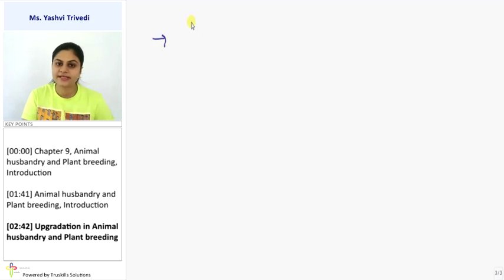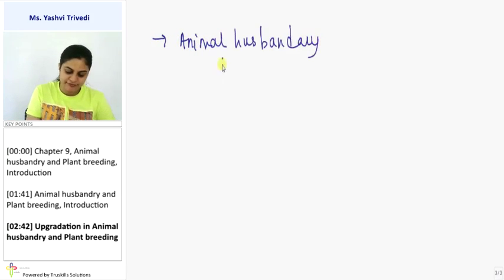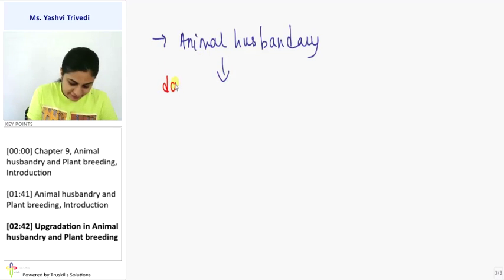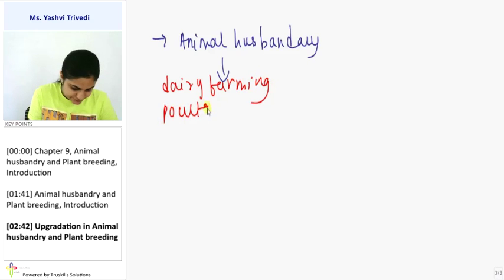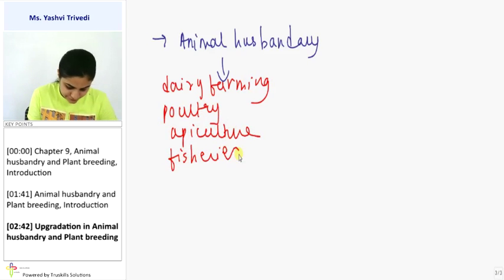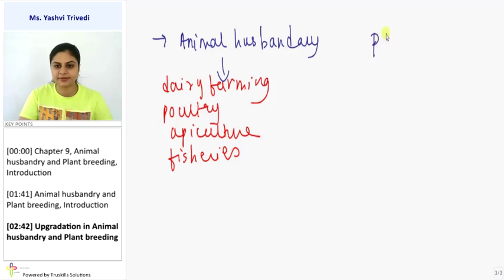If we talk about various types of upgradation in animal husbandry, then you will find upgradations like dairy farming, poultry, apiculture, fisheries, and if we talk about plant breeding.